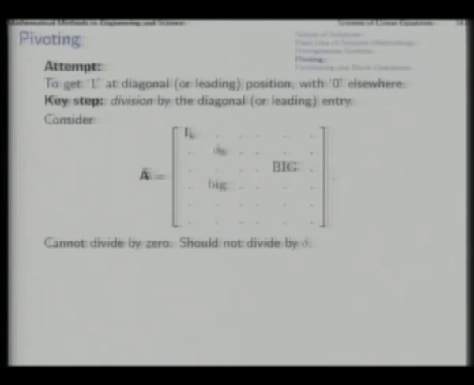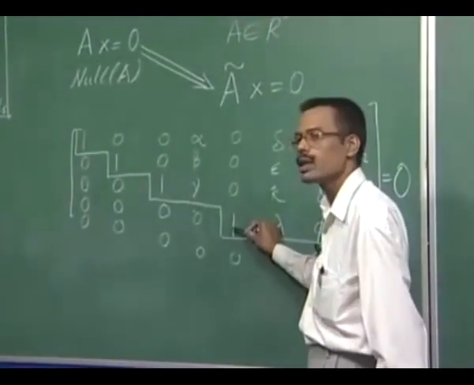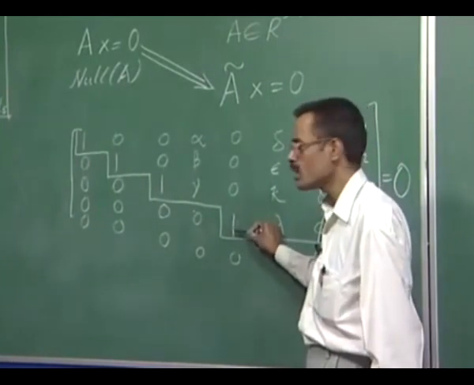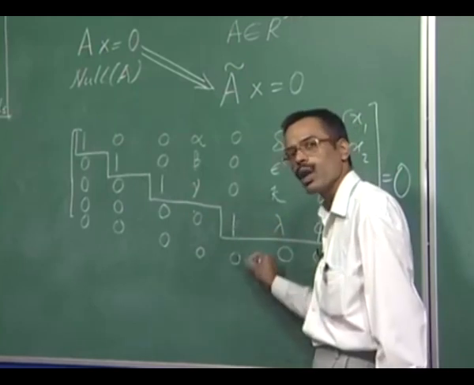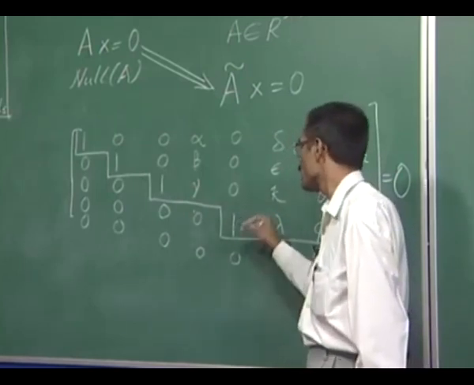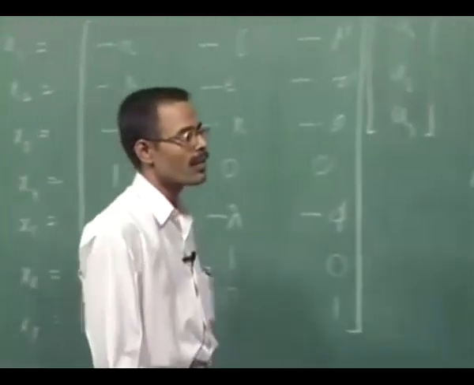So, what we do is try to apply row interchanges to get the largest number, whatever is the largest in this column, say big, to this position. So, if we do pivoting, then whenever we are faced with dividing by this leading term, rather than dividing directly with it, we could hunt out the largest number from this point onwards downwards and put that number here through an appropriate row interchange. That would be the pivoting step.